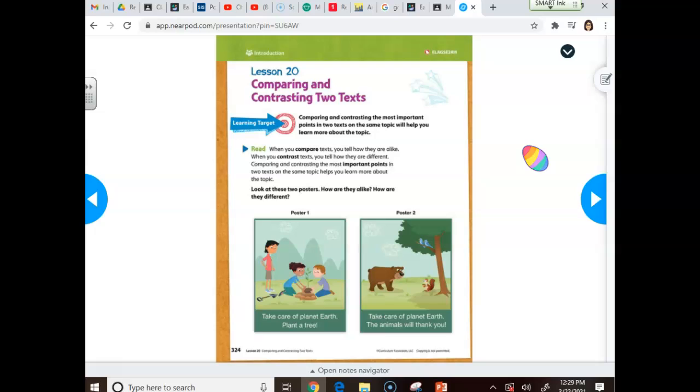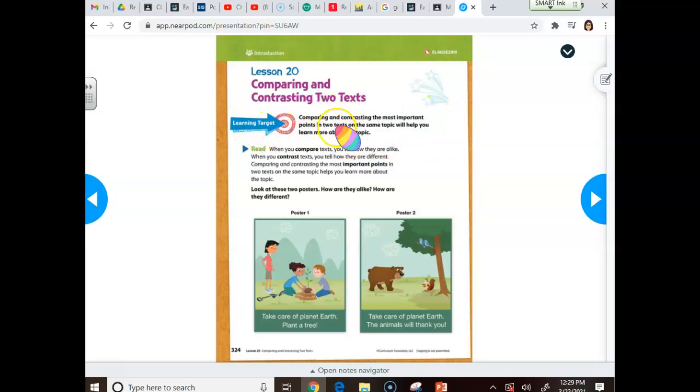When you compare and contrast two texts, you tell how main ideas and details are alike or the same, and how they're different. This will better help you understand the topic because each author will include different pieces of information in their books.